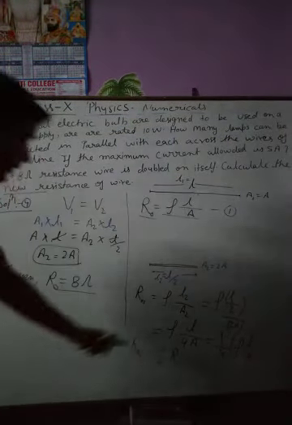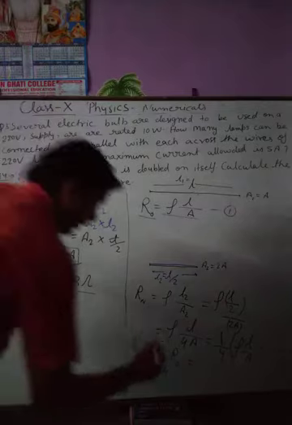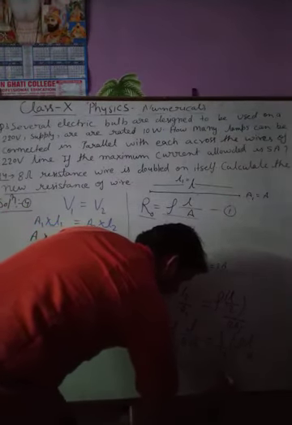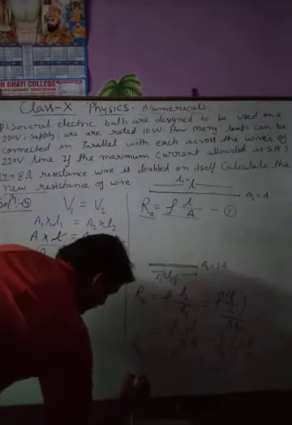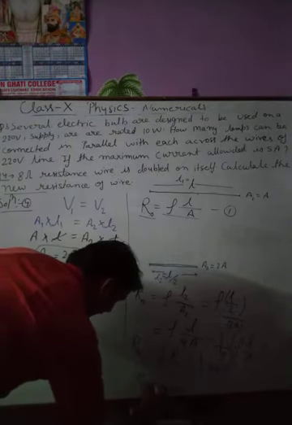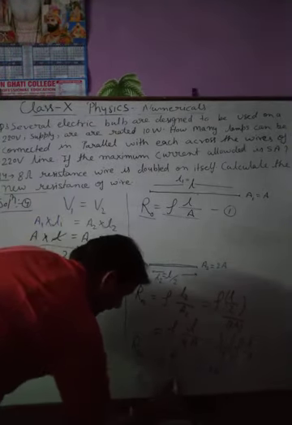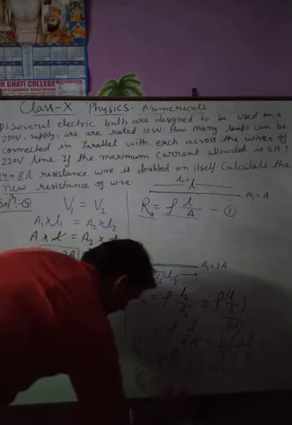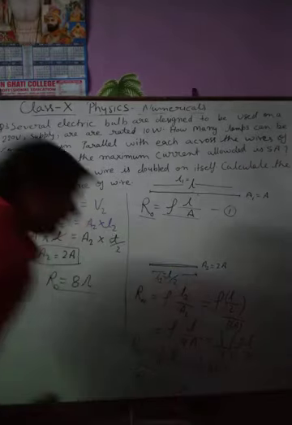Now put the value of R original here, you will find 1/4 into 8 ohm. Therefore the new resistance of the wire after doubling on itself becomes 2 ohm only. This is the next answer. Just copy this.